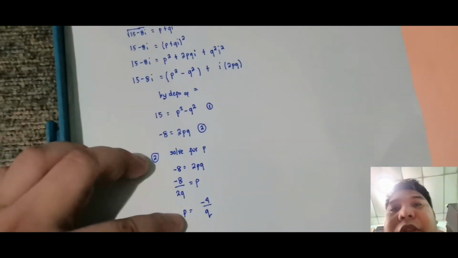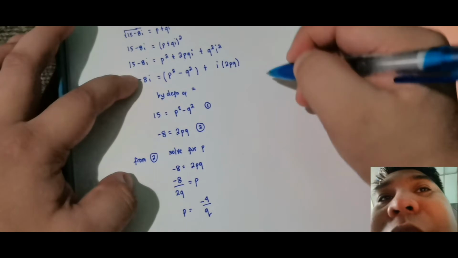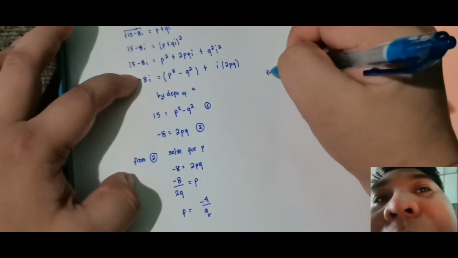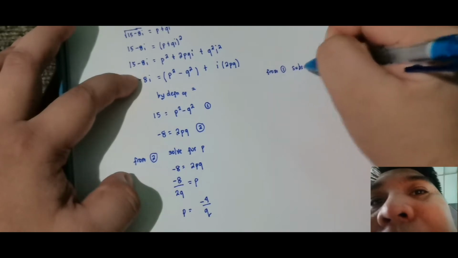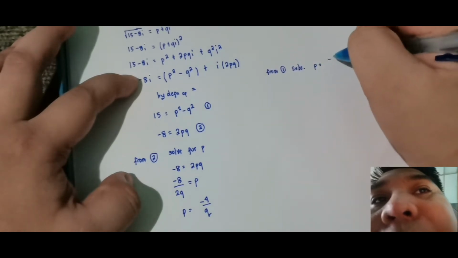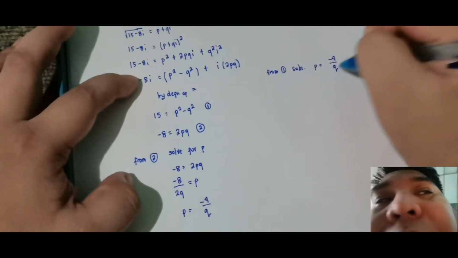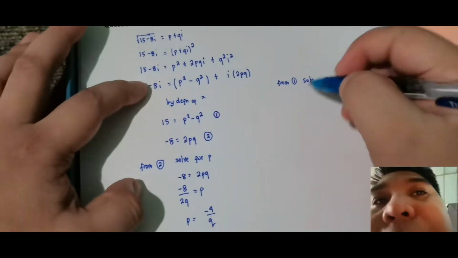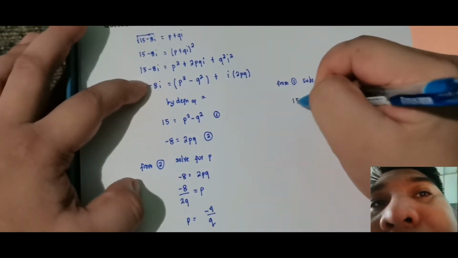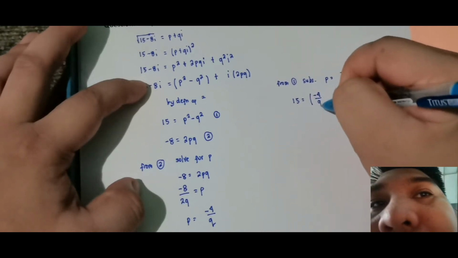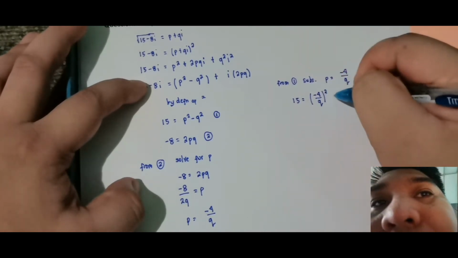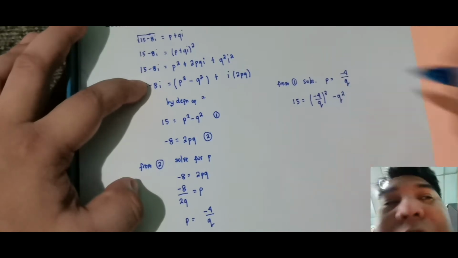Next, yung value ng P, i-substitute ko sa equation 1. From 1, substitute P is equal to negative 4 over Q. Tama, so that is 15 is equal to negative 4 over Q, raised to 2, minus Q squared.